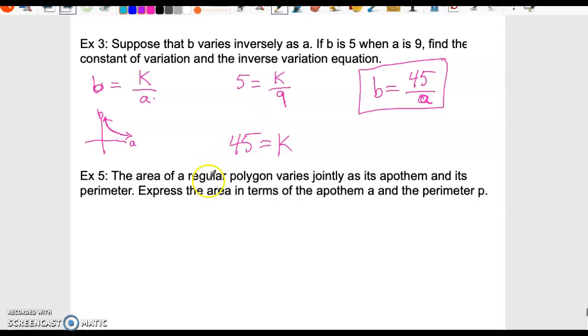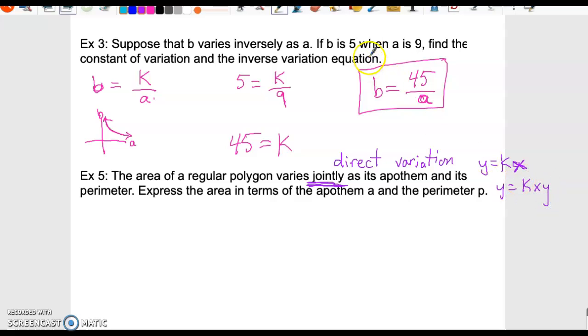Anyway, moving on. The area of a regular polygon varies jointly. Okay, so joint variation, that's a new one. That's direct variation with more than one variable. So direct variation is of that form y equals kx. Well, now it'd be something like y equals kxz.